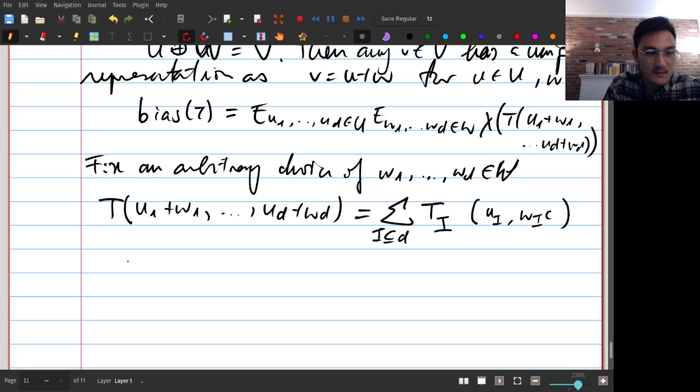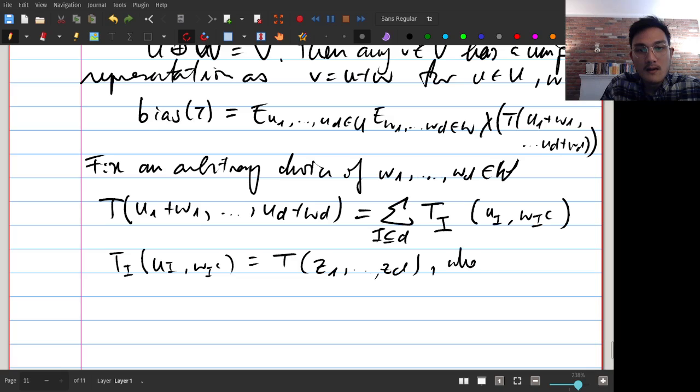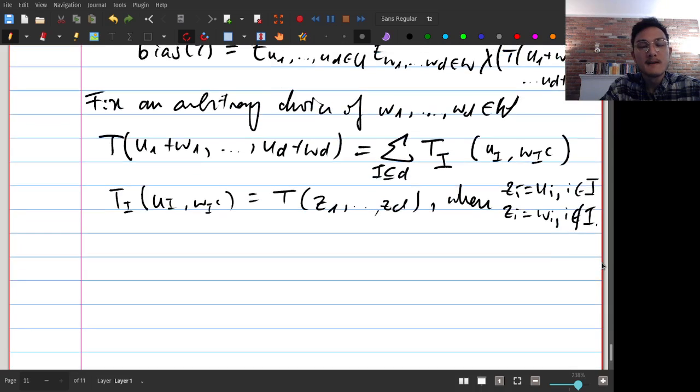If you'll remember from last video, we use a similar notation. So Ui, Wi complement is equal to T of Z1 up to Zd, where Zi is equal to Ui if i is in I, and Zi is equal to Wi if i is not in I. Okay? And that makes sense, right? Because by multilinearity, you pull all the summands apart in every possible way. This is every possible way.